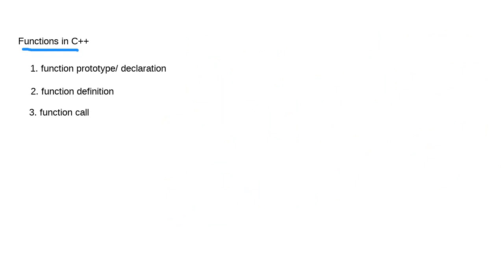So what's the syntax of a prototype? I need a return type, then the name of the function, then the list of parameters, terminated with a semicolon. That's the function prototype: return type, name of the function, and the parameters that are required.